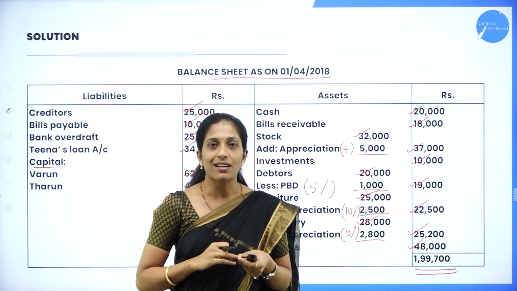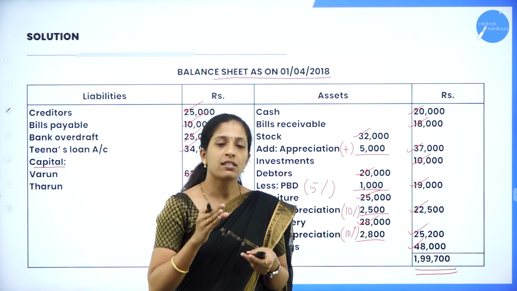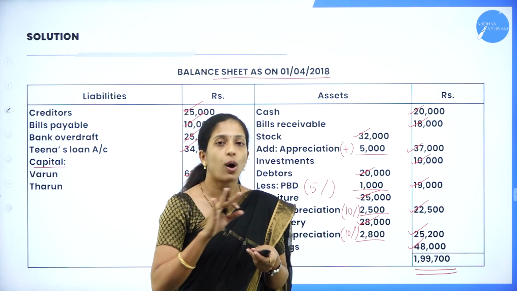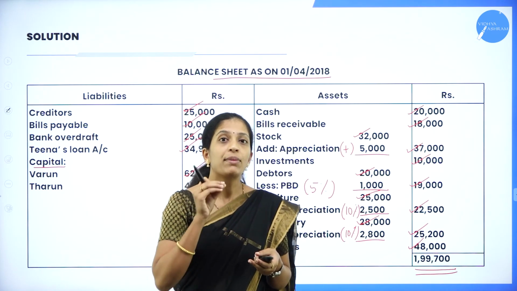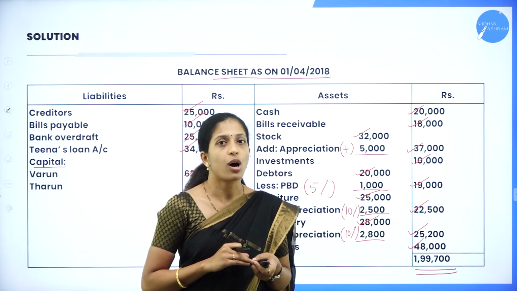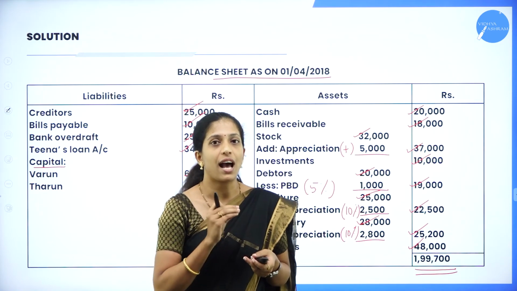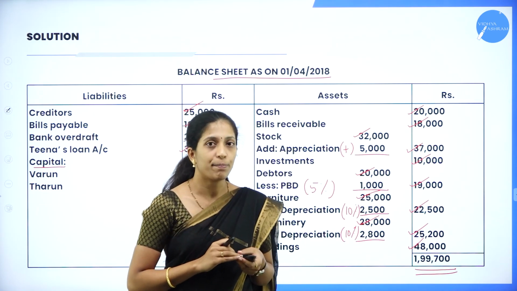Next, we'll prepare partner's capital account, and here you have to be very careful. If there is any reserve fund or any other profit and loss account, it has to be transferred to all the partners, including the retiring partner also. At the same time, the balancing figure of the retiring partner will be transferred to his or her loan account, and the remaining partners' balancing figure has to be carried down and shown as capital in the balance sheet.